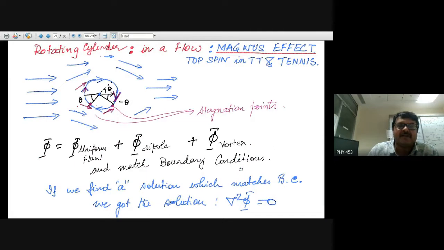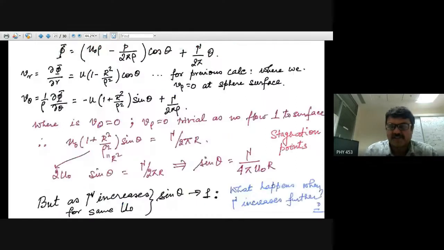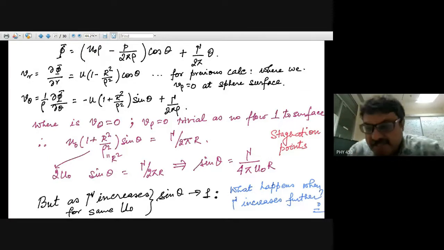Alternatively, you could have done the same calculation where the sphere is going in the anti-clockwise direction, and then you would have got two stagnation points at two different values of theta. And sine theta is double valued, so it basically goes up, and before it reaches theta equal to pi, it again comes down. So there are two values of sine theta where this condition will be satisfied. So it's basically sine theta going up and down.